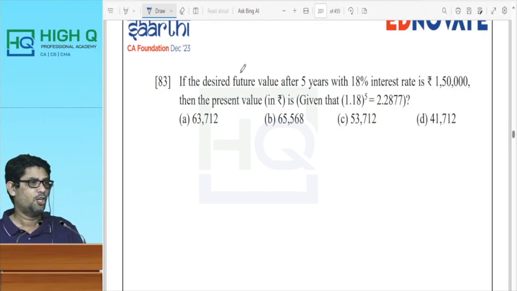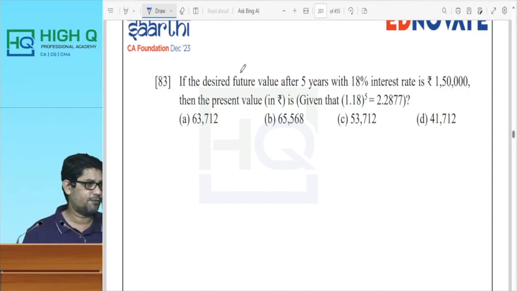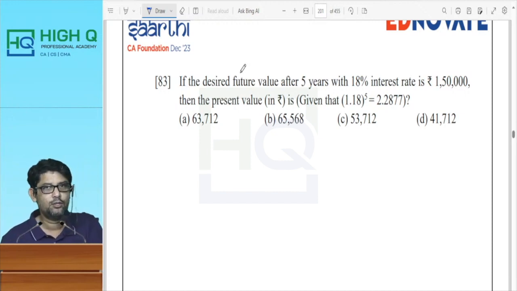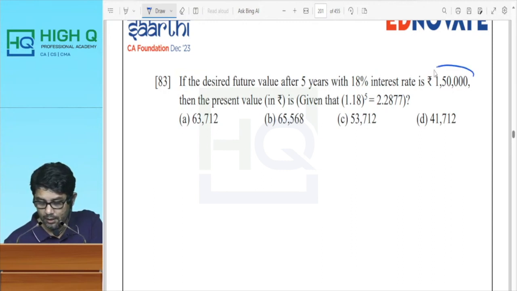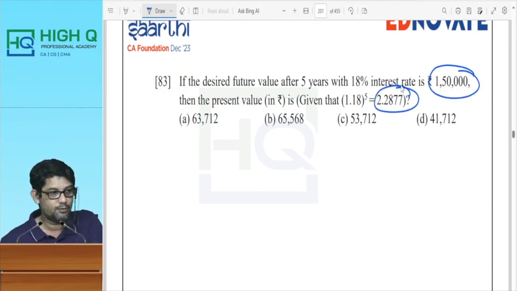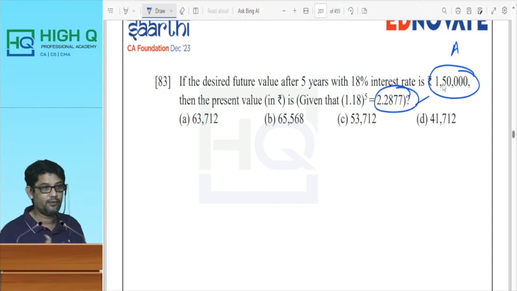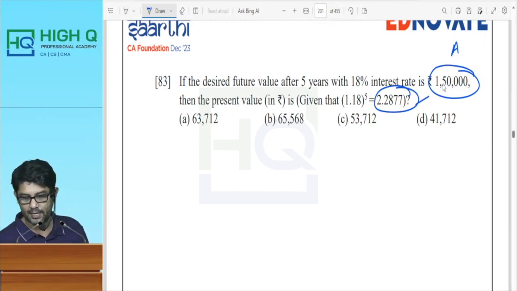Listen here. I already told you this type of question we have already done, and there is no need to apply any formula. 1,50,000 divided by this value is your answer. This is my amount, and this is 1 plus i whole power n. Directly when you divide these two, you get the direct answer, my dear. Be smart.